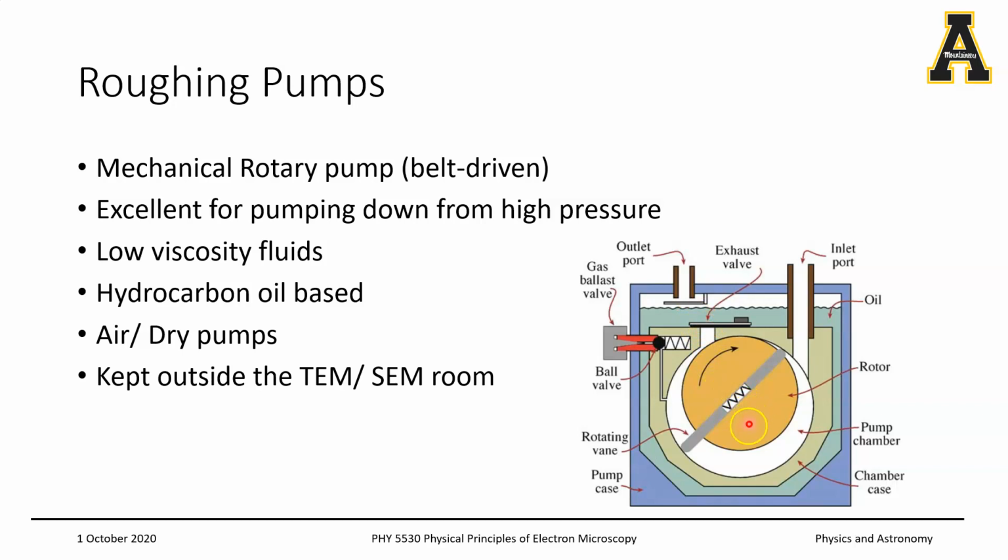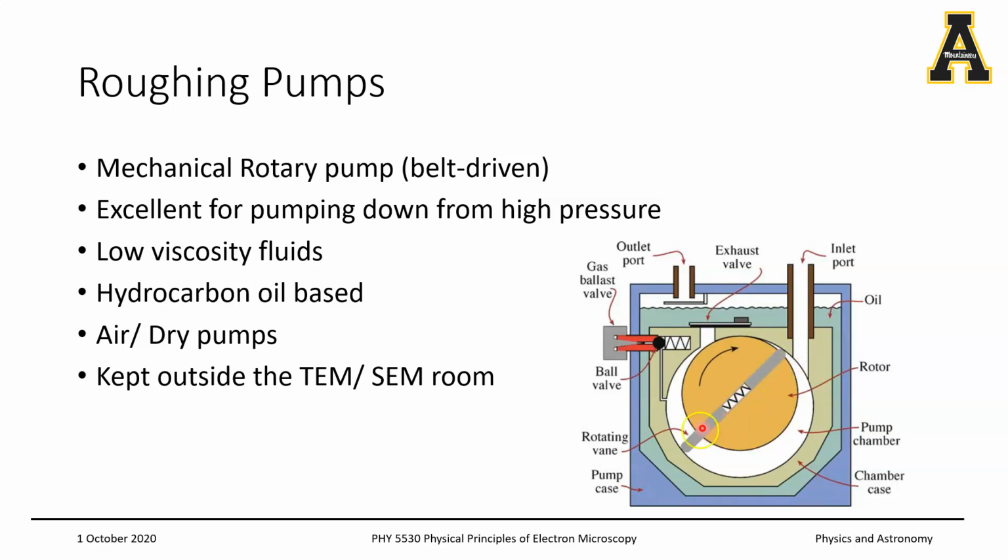And the basic thing is, this thing looks like a disc over here, but this is actually a barrel. So the yellow disc that you see here is actually a cylinder, which rotates, and it is positioned off center on purpose. So it is not in the center of it.